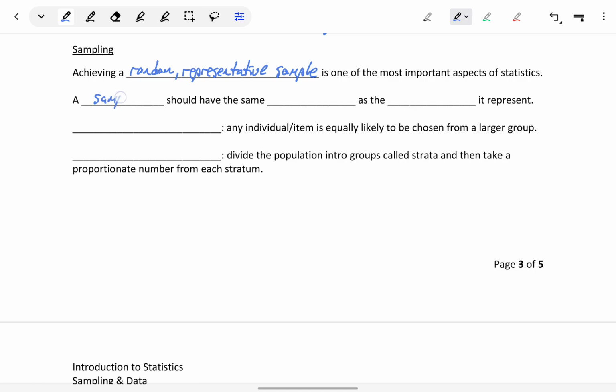A sample, that smaller group that we study to help us understand the larger group, should have the same characteristics as the population it represents.